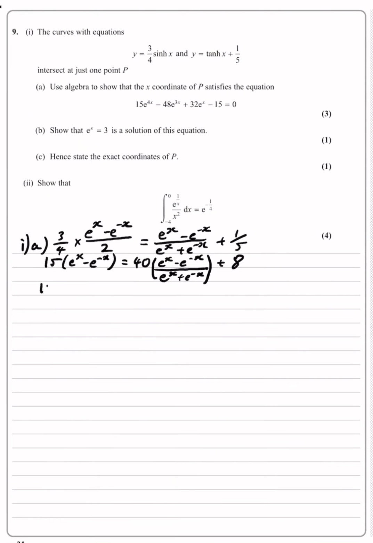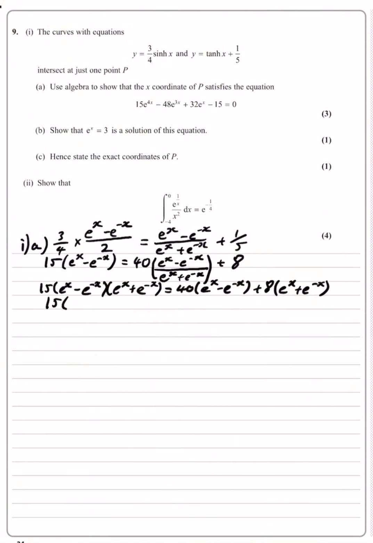Next step, multiply by e^x + e^-x to eradicate fractions completely. So we've got 15 lots of (e^x - e^-x) times (e^x + e^-x), equal to 40 lots of (e^x - e^-x) plus 8 lots of (e^x + e^-x).